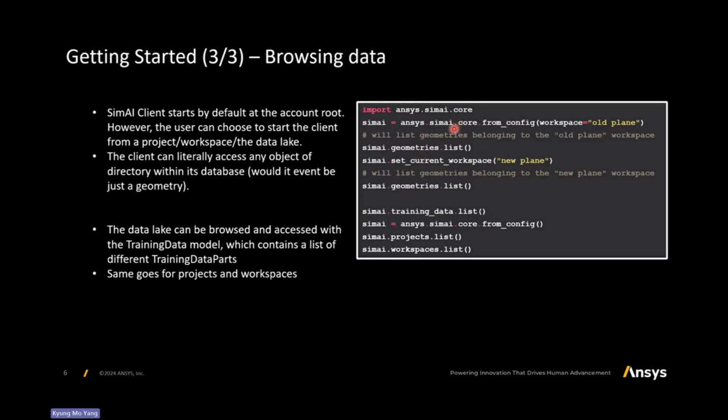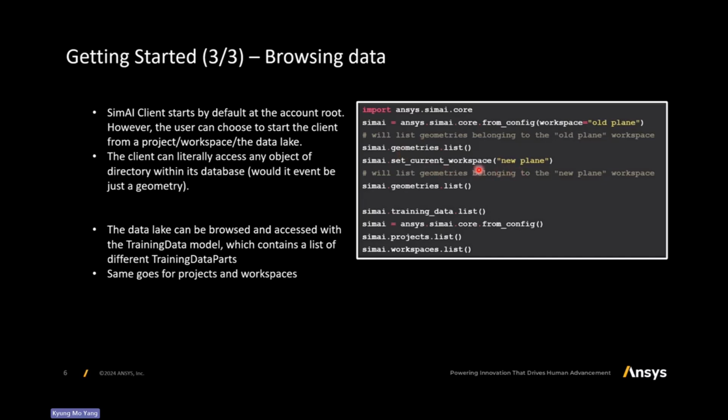Here, again, you have one client with a certain configuration. Here, you are accessing a specific workspace within your client, and once you do that, you can look inside the list of geometries that you have.